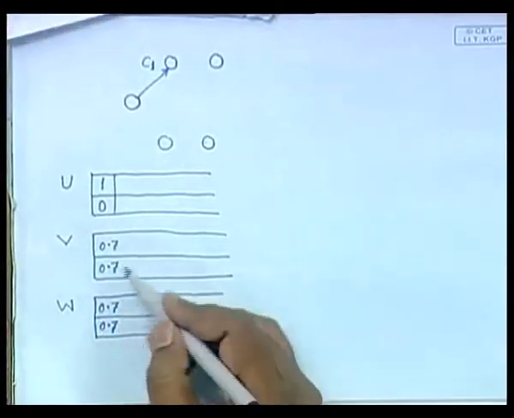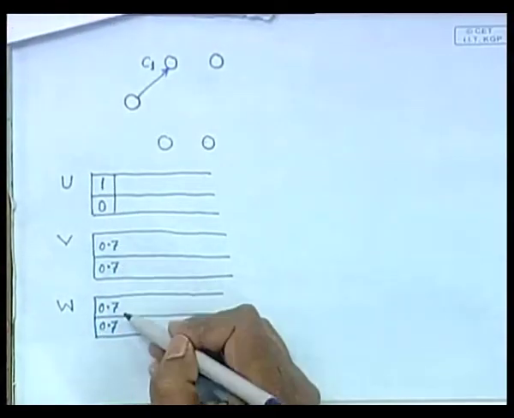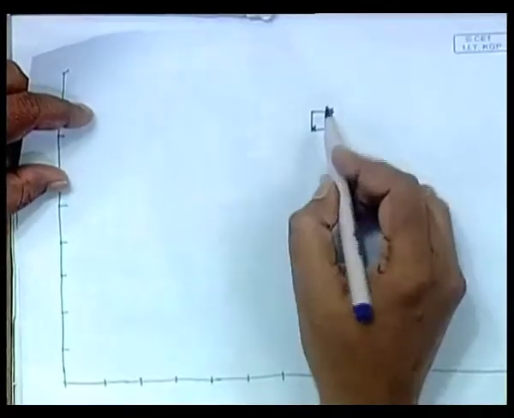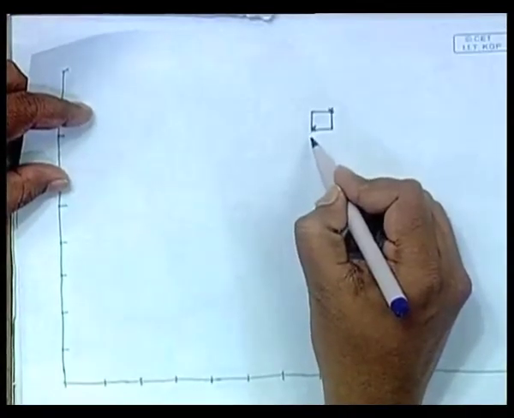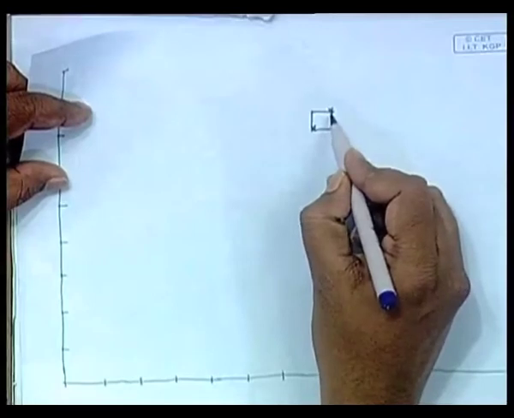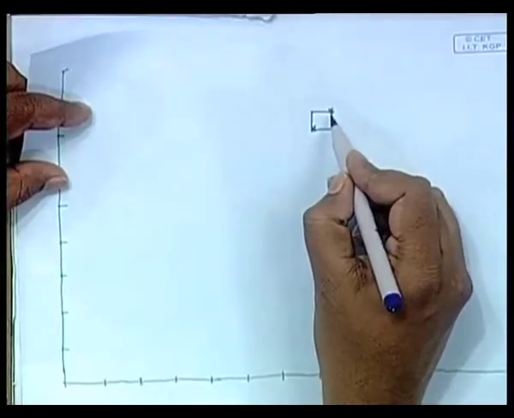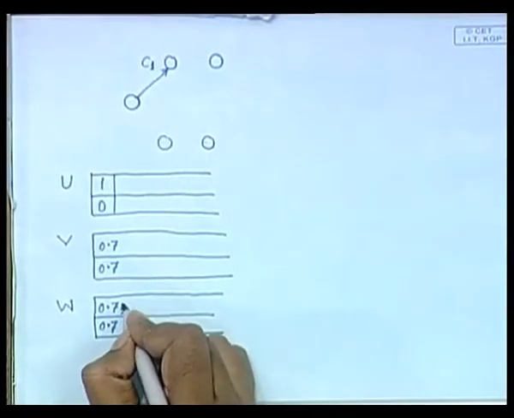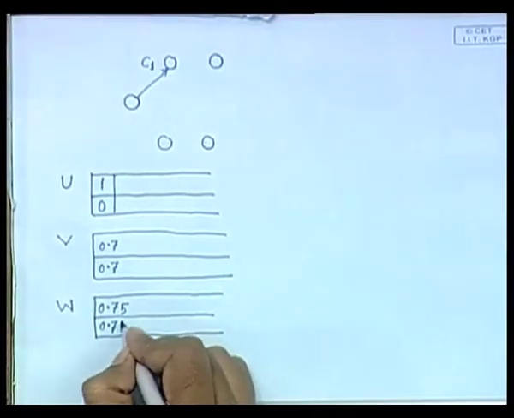What I have to change is the min point and max point. The min point remains (0.7, 0.7), whereas the new max point becomes (0.75, 0.75). So, I make the corresponding change in matrix W representing the max point.